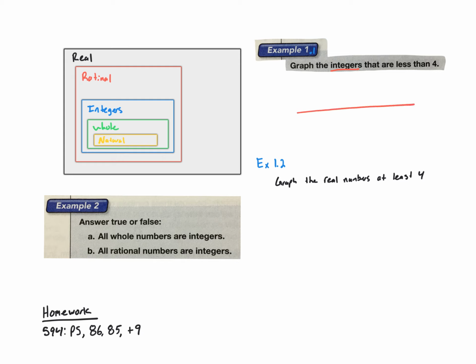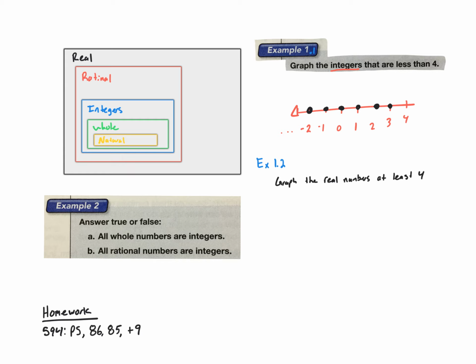On the number line, here is 4, 3, 2, 1, 0, -1, -2, etc. If I were to graph all of these less than 4, it'd be 3, 2, 1, 0, -1, -2, etc., going on further to the left. Notice we would not include the 4 because it said less than 4, and it's integers, so we just include the 3, the 2, the 1. We wouldn't include any numbers in between those.